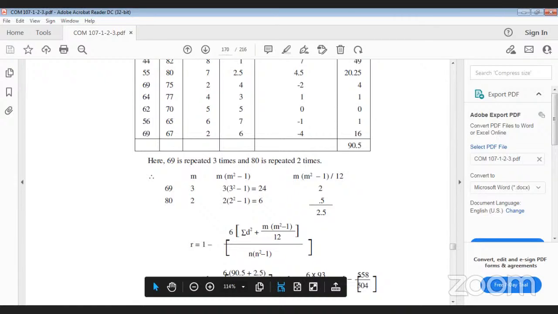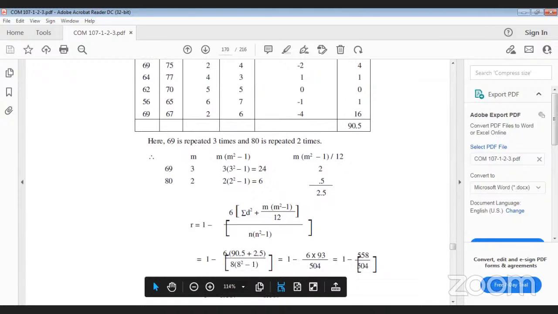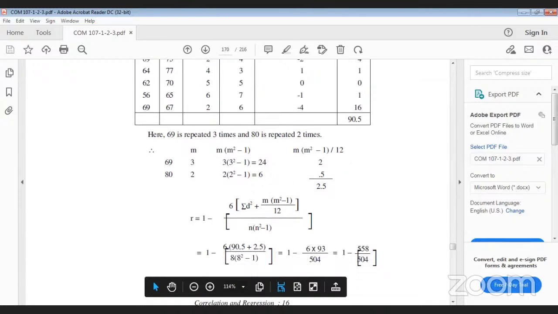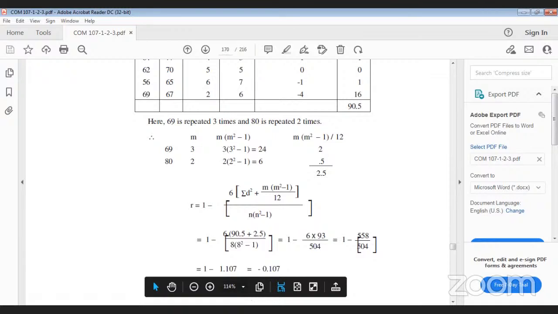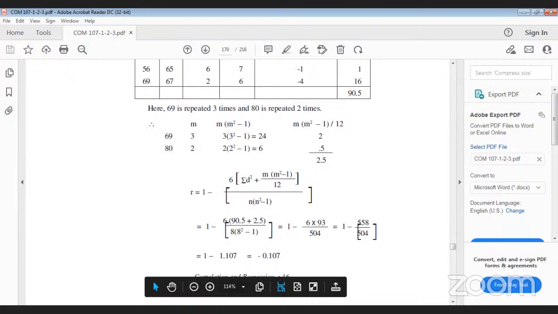Here you will find that there is a printing mistake, because the total of 49, 20.25 and 22 should be 91.5. Instead of 90.5, it should be 91.5, plus 2.5, it is 94 that should be there.